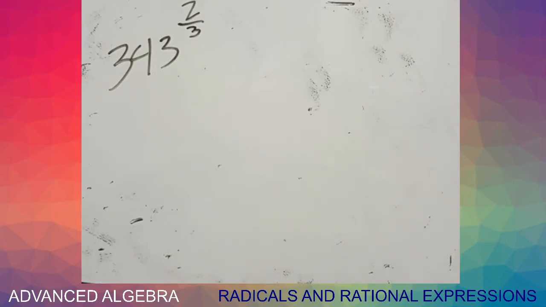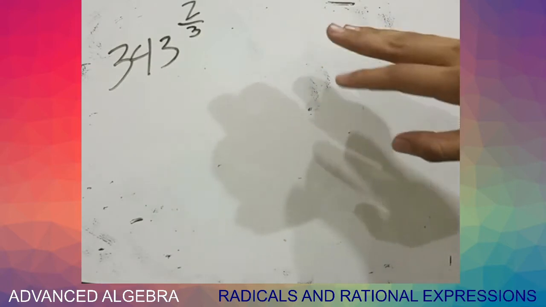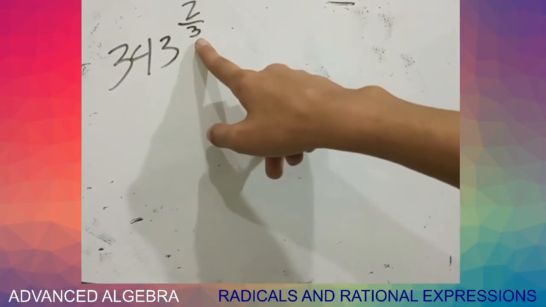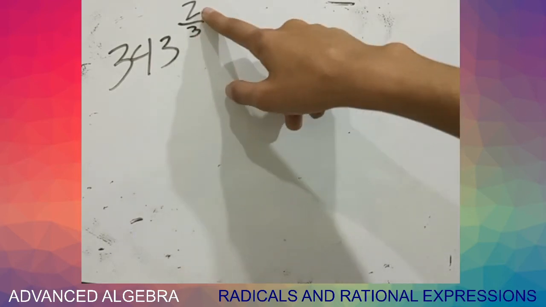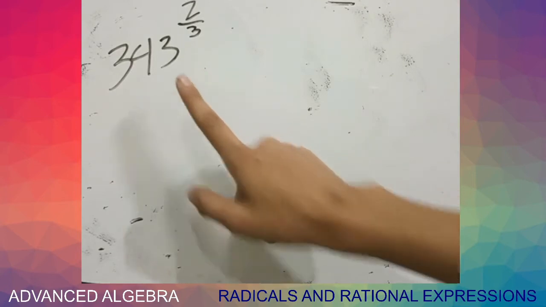So, titingnan natin kung ano ba yung ating exponent. Exponent natin is a fraction. Ibig sabihin, yung denominator niya, siya yung magiging index ng ating radical sign. Tapos yung 2, magiging exponent ng ating base.